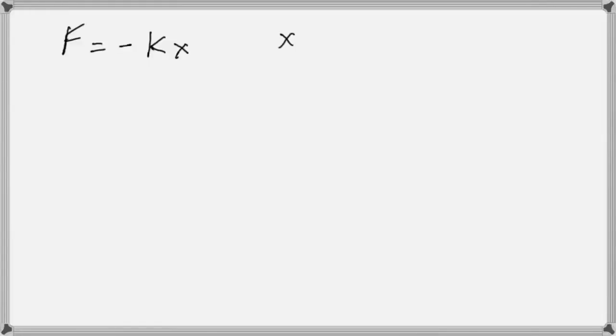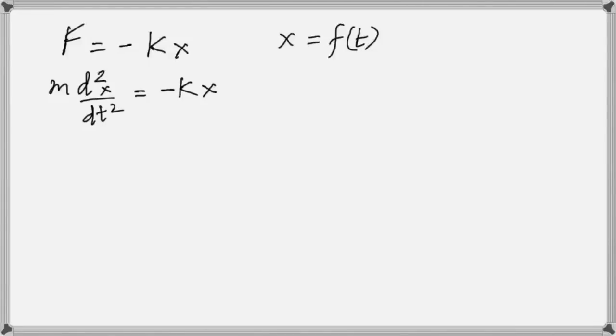And I've already told you, x is a function of time. But we do know that force is mass times acceleration, and acceleration is d squared x by dt squared. Make sense? That equals minus kx. So you can now rearrange this, just dividing throughout by the mass, and you get minus k over m times x.